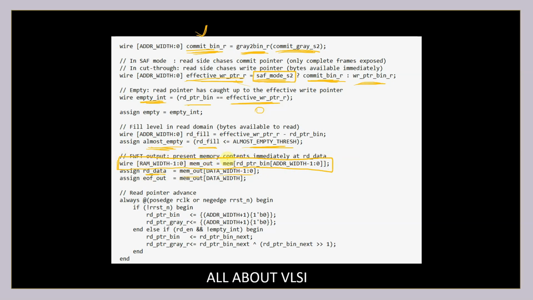From those locations, we store it into a vector, and that vector we directly assign to read underscore data. And end of frame, where are we getting it from? It is nothing but my MSB bit. And this is my read pointer advance logic. So we increment the read pointer binary, and after incrementing it, we convert it into gray format. That's it.